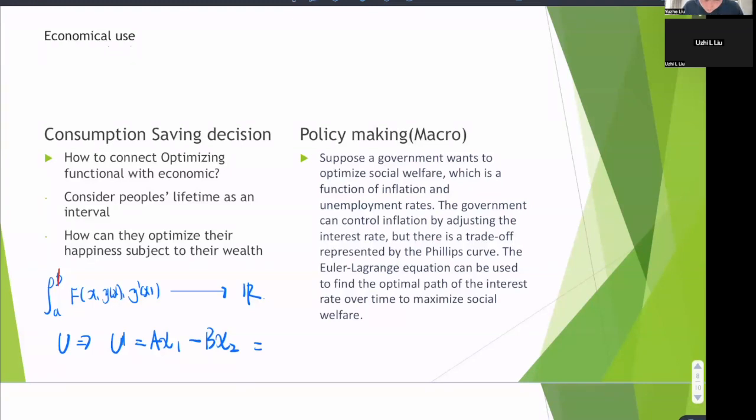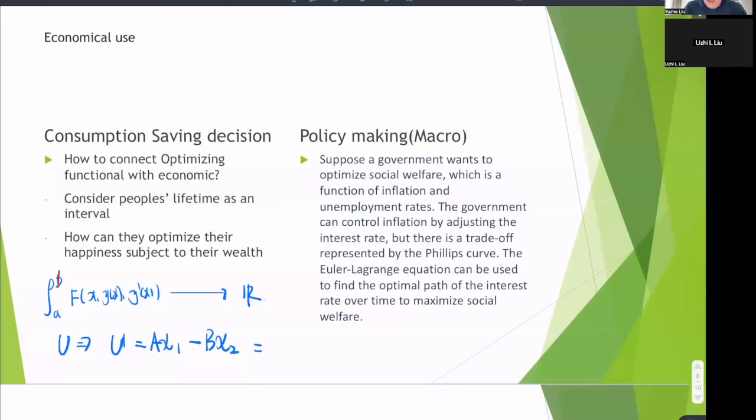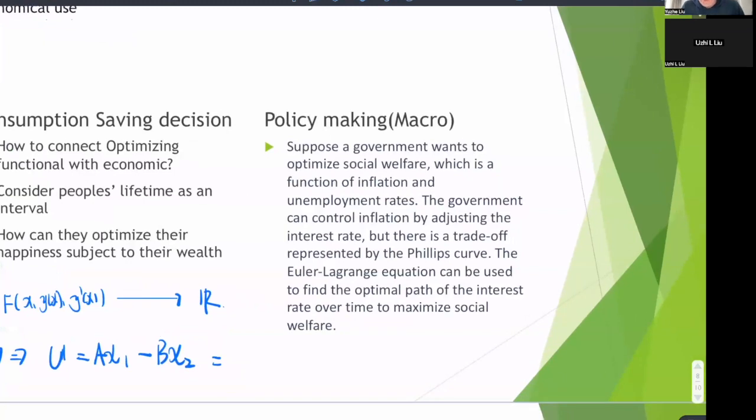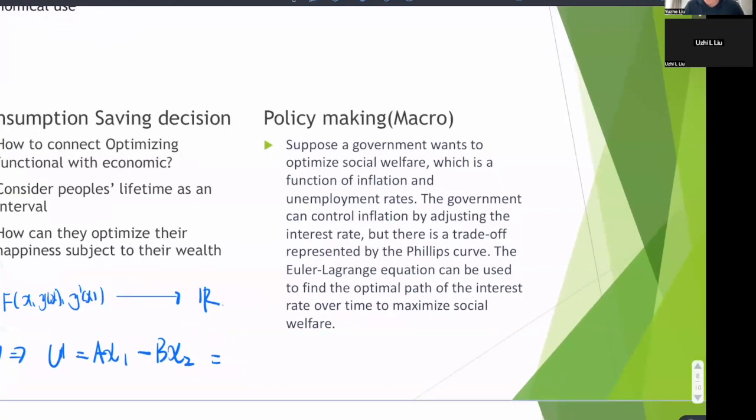It can also come to policy making, which is more of a macro view. Suppose a government wants to optimize social welfare, which is a function of inflation and unemployment rate. If you have learned about economics, especially the macro part, you understand the government has various ways to grow the economy through social welfare, inflation, and unemployment rates.